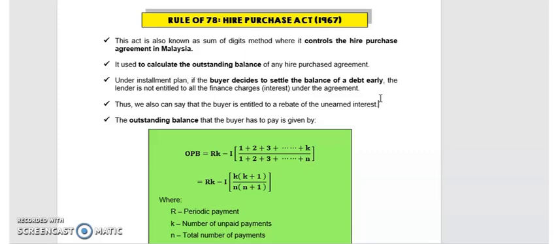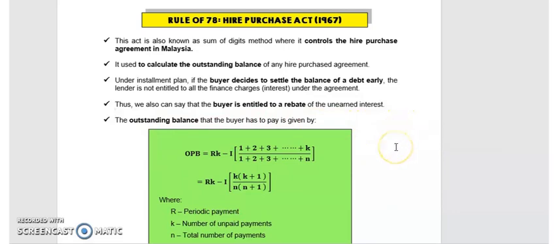But when the customer decides to settle the loan early, then the Rule of 78 must be applied. Meaning the lender or seller is not entitled to all the interest. So the buyer is also entitled to a rebate, or discount.